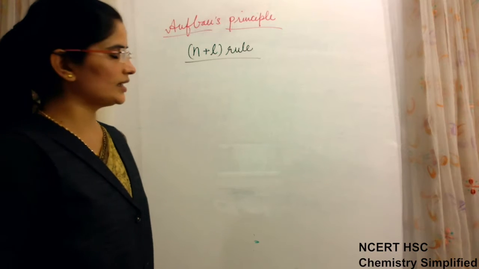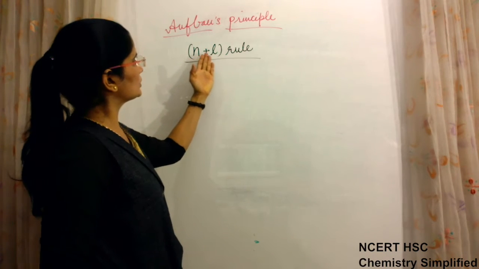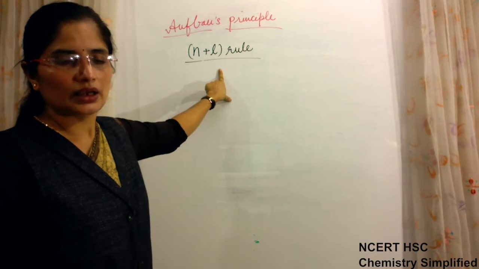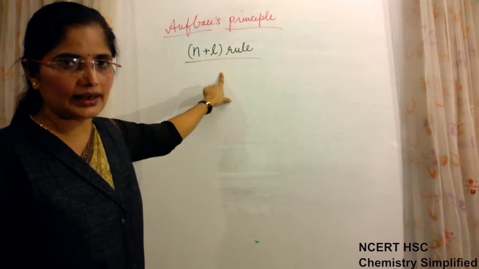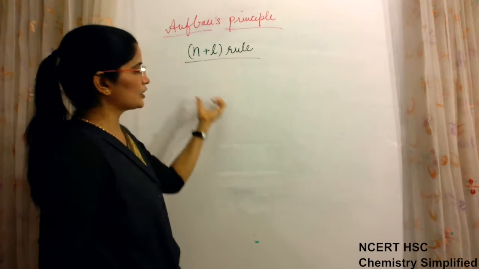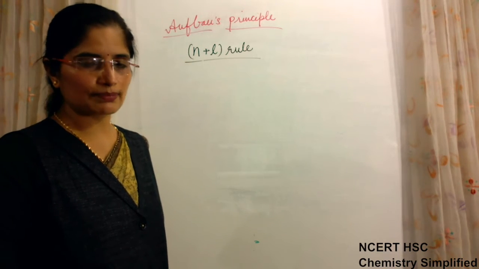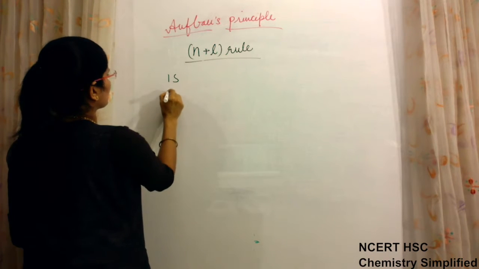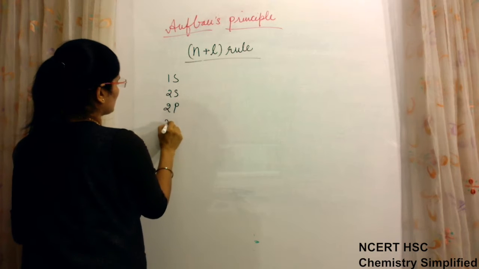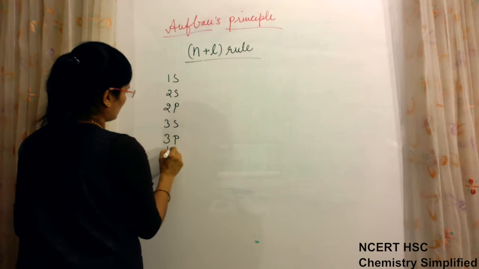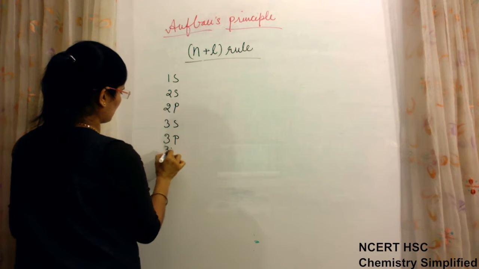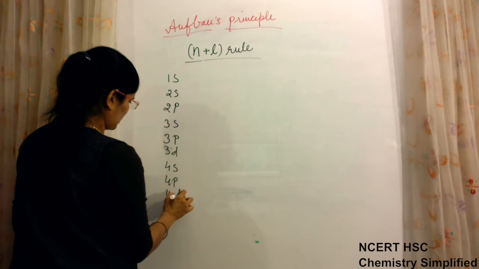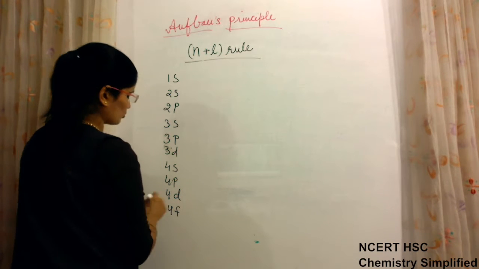What is this rule? We have to total the n value and l value of a particular electron, and that decides which subshell the electron will go into. We start from 1s, 2s, 2p, 3s, 3p, 3d, then 4s, 4p, 4d, and 4f.